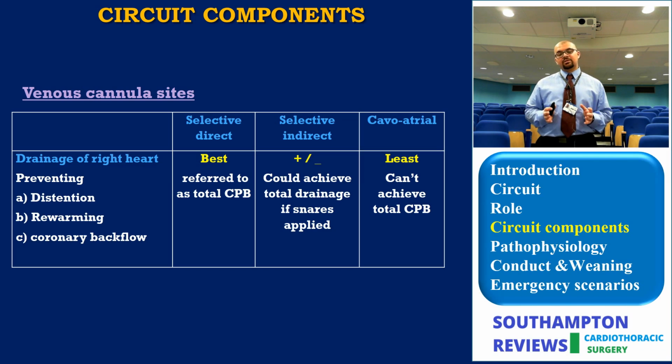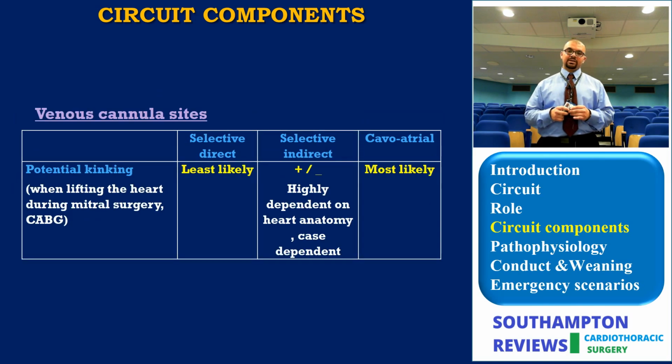This is again only relative. Some surgeons, for instance, do bicaval cannulation in all surgeries, whether CABG, AVRs, MVRs. That's to achieve the benefits of decompressing, reducing distension, reducing rewarming. However, as we explained, potential kinking is a very important point to bear in mind.